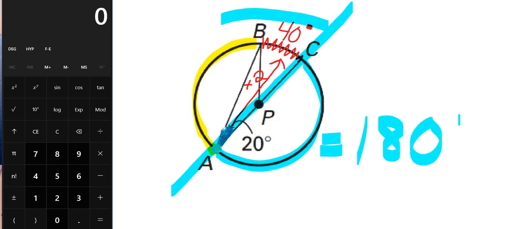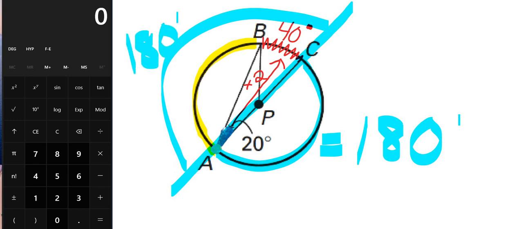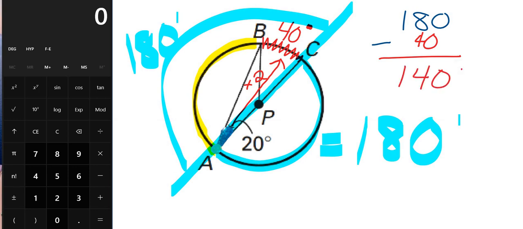And so will the other half of the circle from A to C. So to figure out AB, which is in yellow, I could take the 180, which is what the 2 arcs AB and BC should add up to, and subtract the 40 degrees that we just figured out by looking at that inscribed angle at A. I'm left with 140 degrees, which is the measure of arc AB.